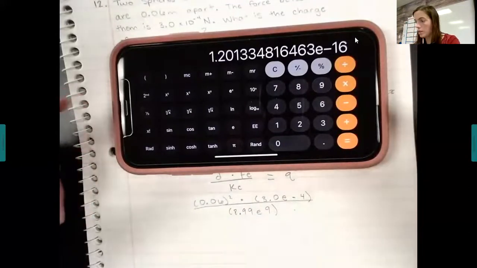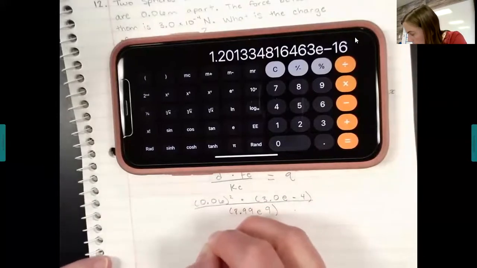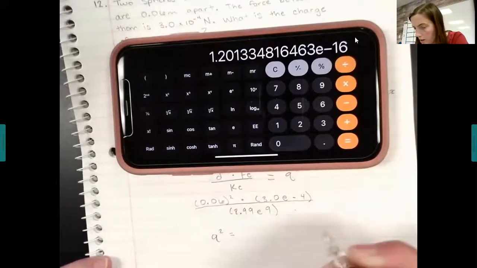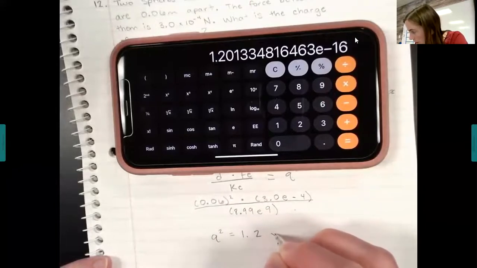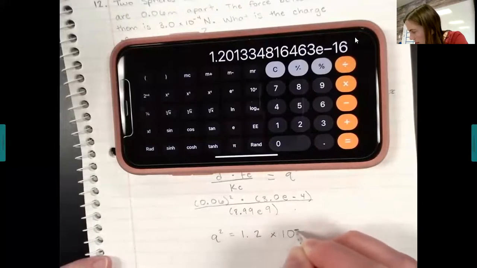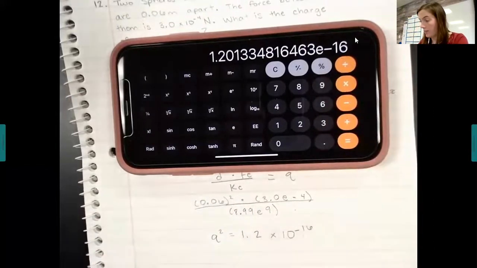So this is what I get for Q squared. Q squared is equal to 1.2 times 10 to the negative 16th, because when it says E negative 16, it means times 10 to the negative 16.